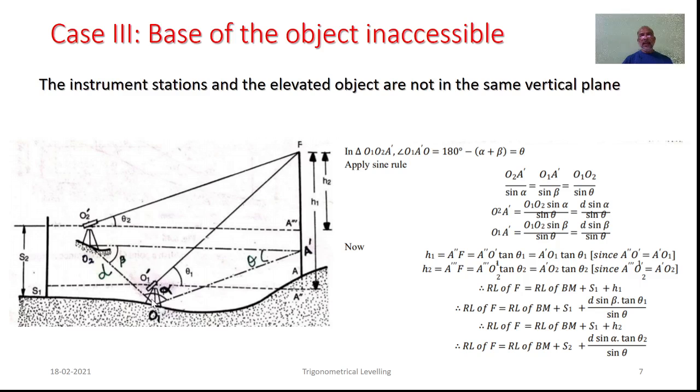Let's say the equipment is set at station O1. As such, this dotted line will refer to the horizontal plane passing through the head of the equipment. As such, we can measure theta 1 with respect to the station under consideration.